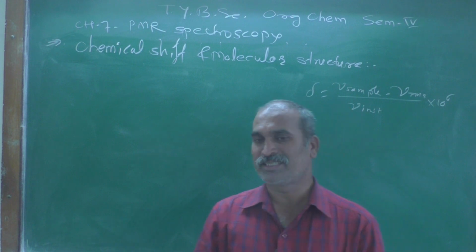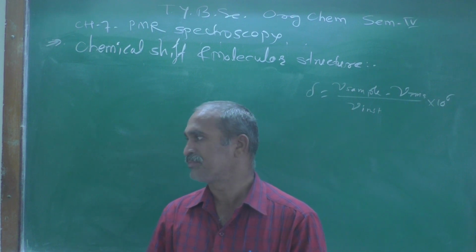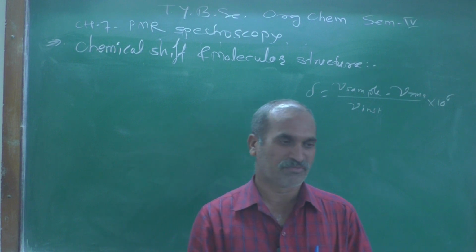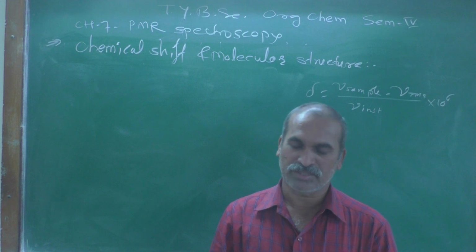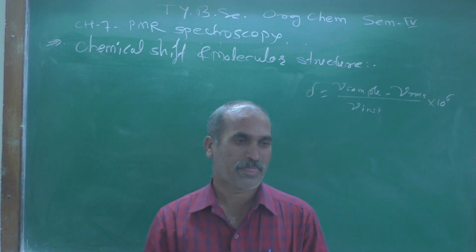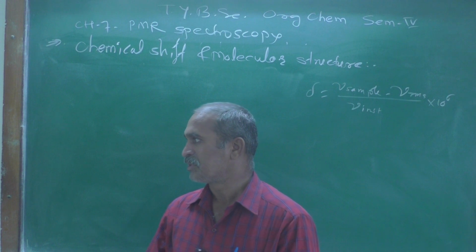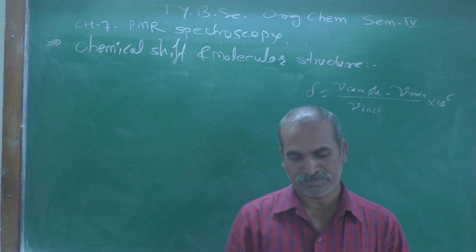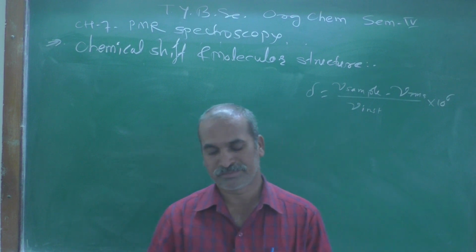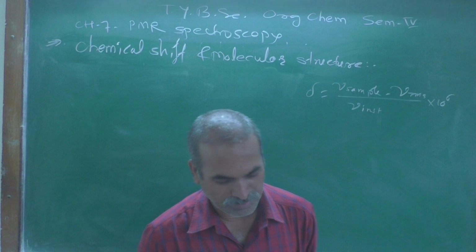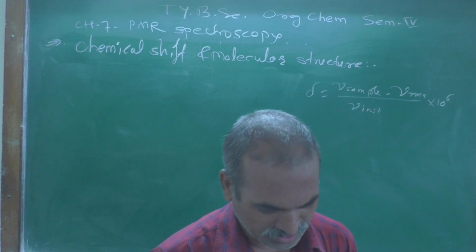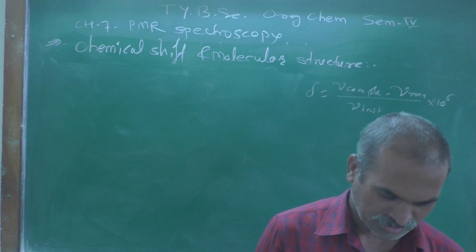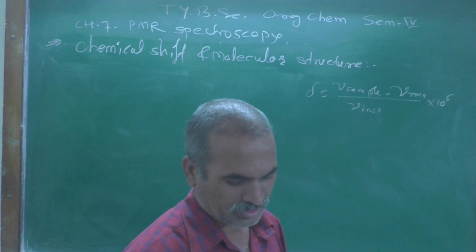This is clearly the indication of the aromatic proton. And if 0.9 is somewhere there, then chemists know that the proton is saturated in nature. We discussed these types of things in our previous lecture. So let us see the next one.